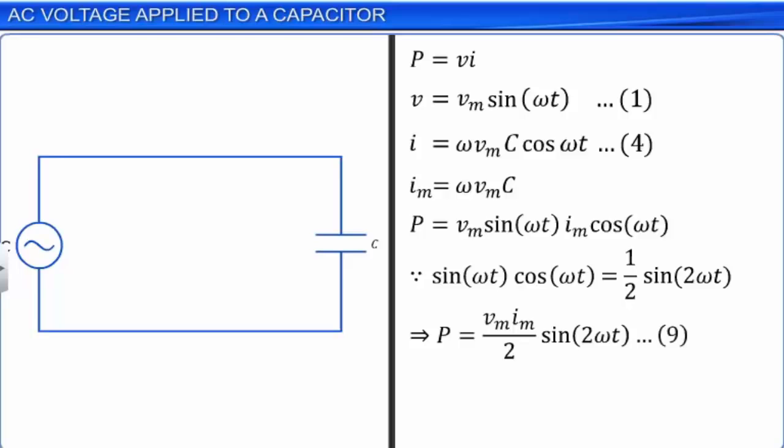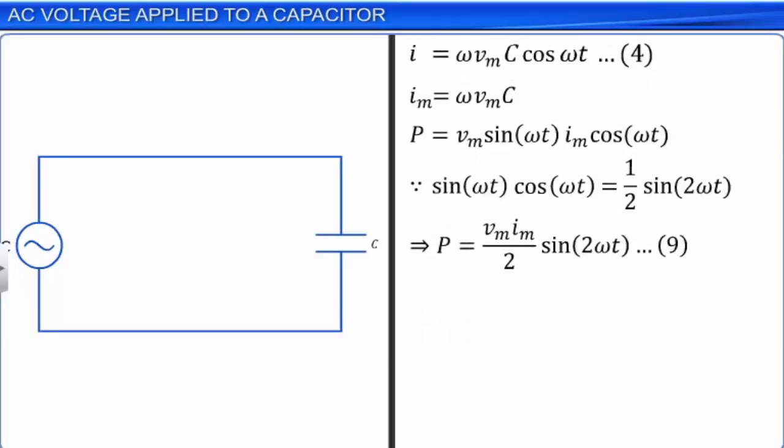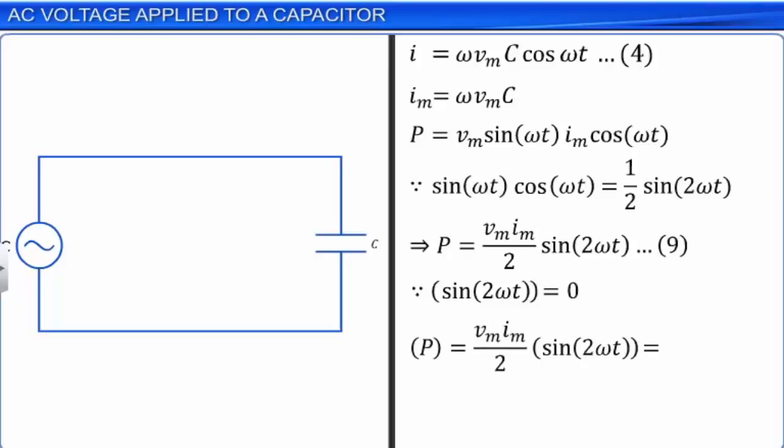This instantaneous power evaluates as a time-dependent harmonic function. As the average value of sin 2ωt over one cycle of AC is equal to 0, the average of power P over one complete time period will be 0. Hence, power supplied to a capacitor on average in a circuit is 0.